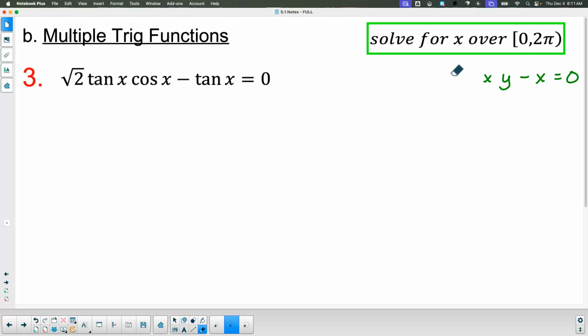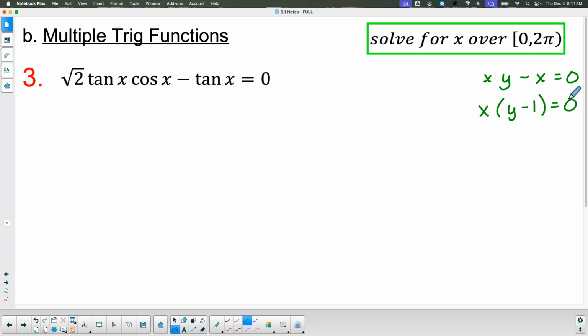Factor. Love it. There it is. Factor. So we could factor out an x, and I'm left with y minus 1 equals 0. With me? Why is that important? Now, here in algebra, when we've got two different variables, why is that important?